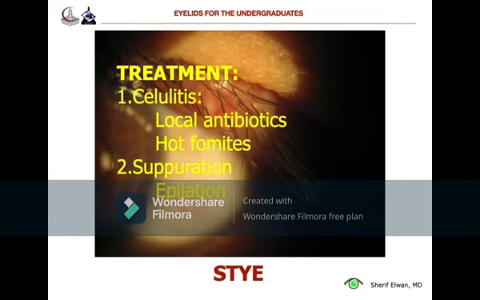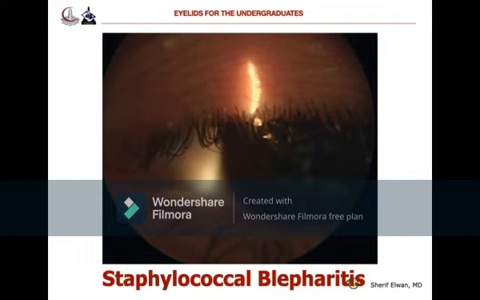And during suppuration, you have to evacuate this pus, and this usually is through epilation, that is removing the lash, or if pus doesn't come out, if it is inspissated in its position, you have to make a small incision at the top of the white area.